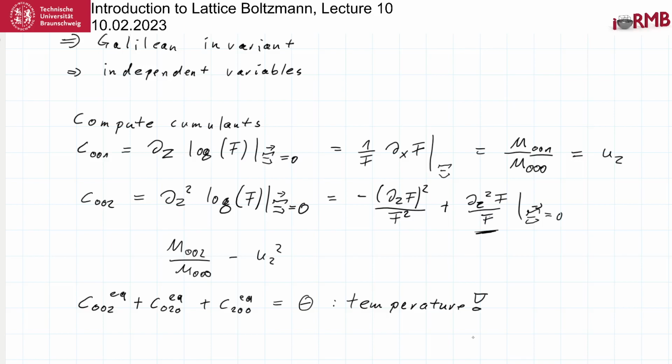So the theory is like, oh God, what is this? But look what comes out. Not momentum, not energy, nothing abstract. It's the velocity. It's exactly what you see in nature. It's just the velocity, and it's the temperature. The cumulants are the guys that you can feel. It's really interesting.